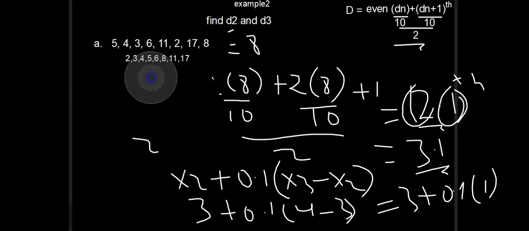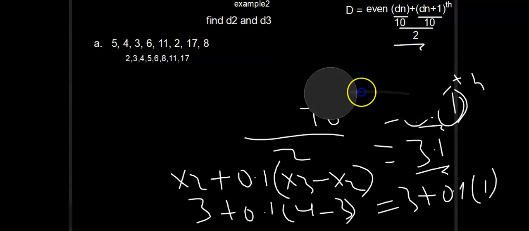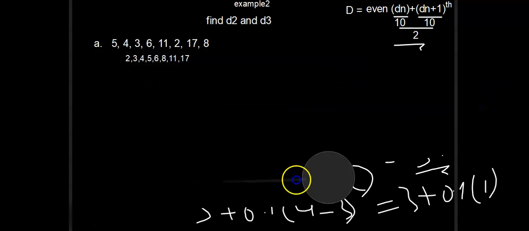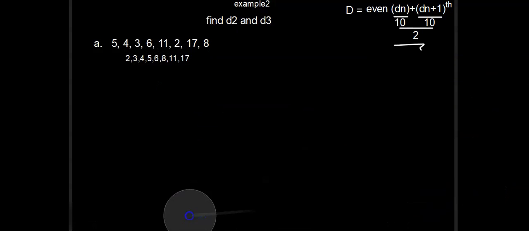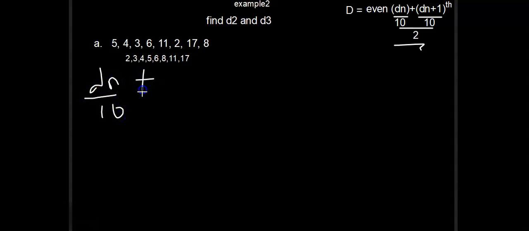Now let's do the D3. So now I want you guys to stop the video and try by yourself, since you guys understand the whole concept of this decile. Okay, so my formula will be the same. It will be dn over 10 plus dn plus 1 over 10, the whole over 2.